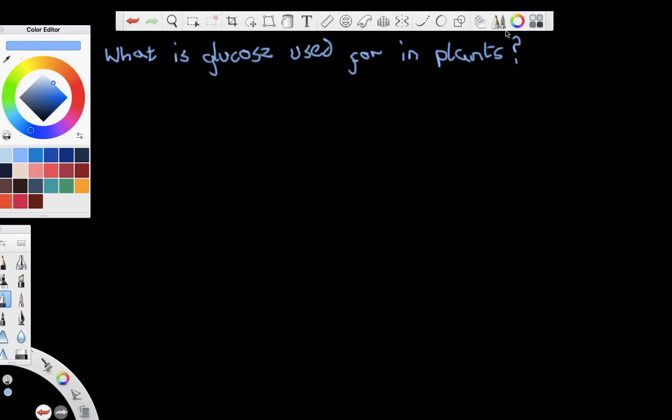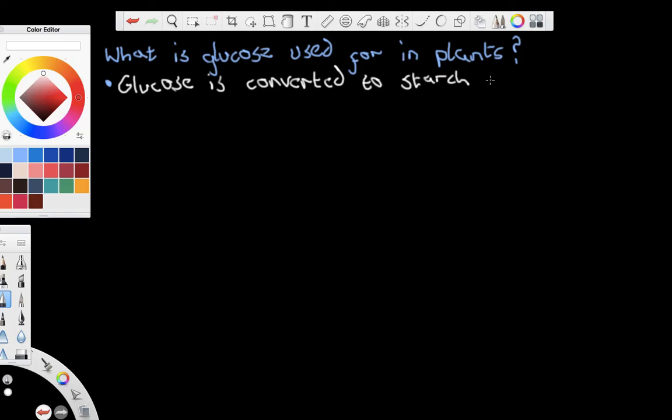So the first one we can say is that glucose is converted to starch for energy storage. And we spoke about that in quite a bit of detail last lesson.